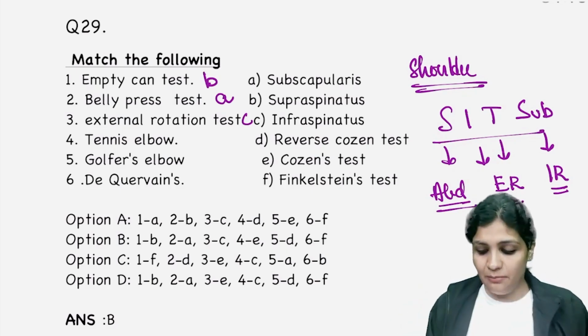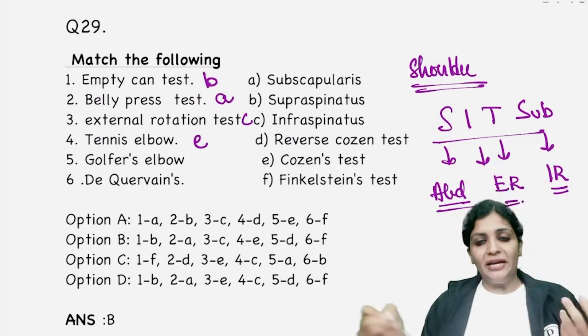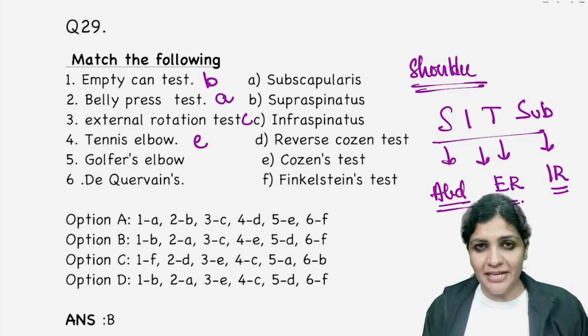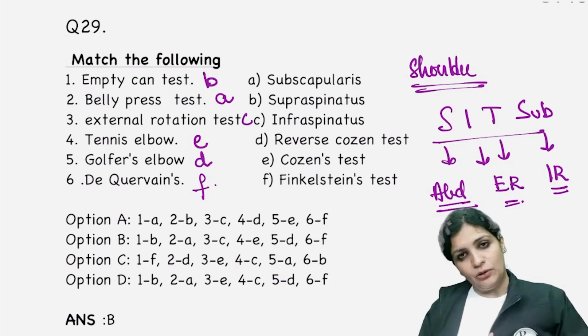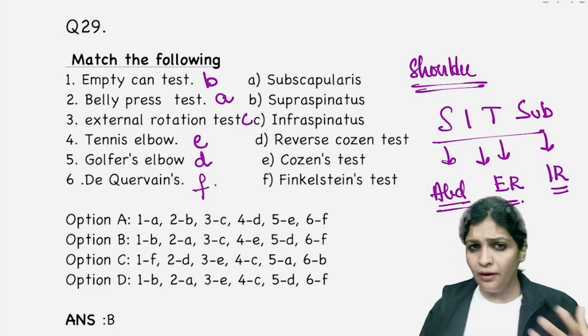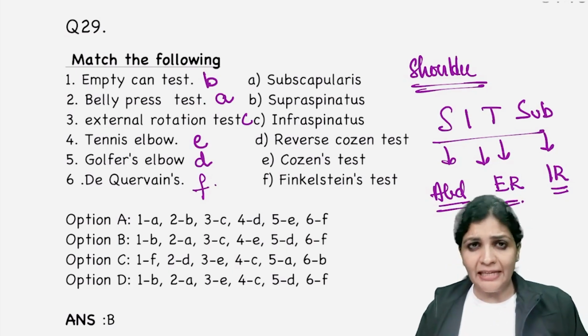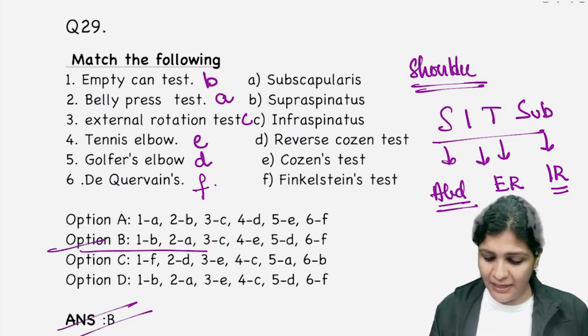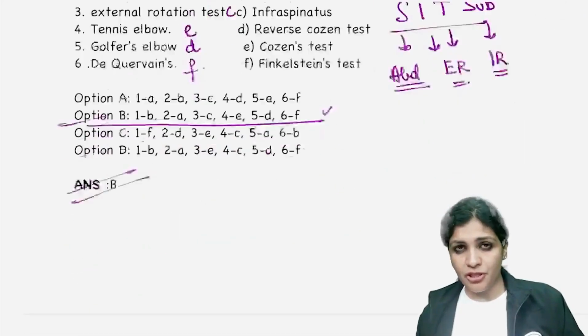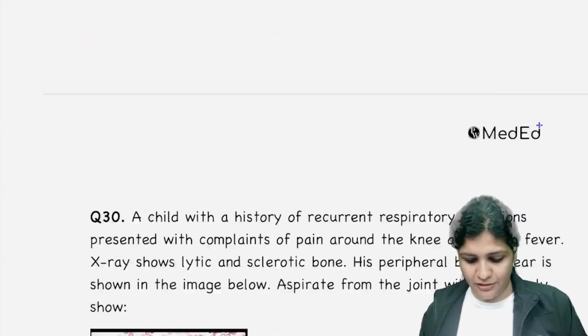This is nothing but your Cozen's test. Medial epicondylitis is Golfer's test, that is reverse Cozen's, and de Quervain's is your Finkelstein's test, for the APL and EPB. We have already dealt with it. So the answer is B, A, C, D, E, F. No confusion. Great combinations, right?